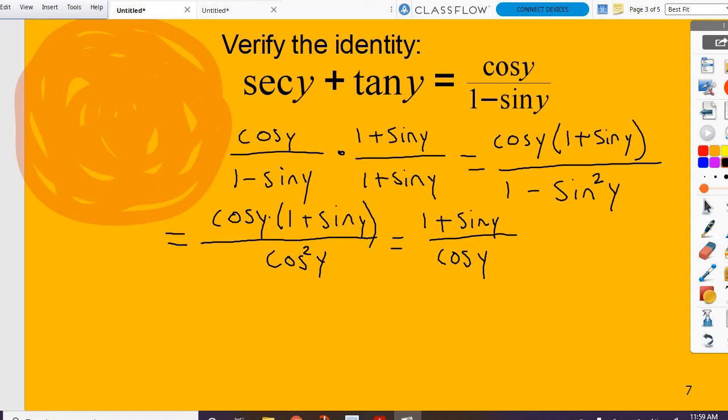So now what can we do? Now you can split it up into 2 fractions. Yeah, so now we are able to split it up into 2 fractions because notice I have my binomial in the top and then only one thing in the bottom. So we're allowed to say this is 1 divided by cosine plus sine divided by cosine. Well, using our reciprocal identity, what is 1 divided by cosine?